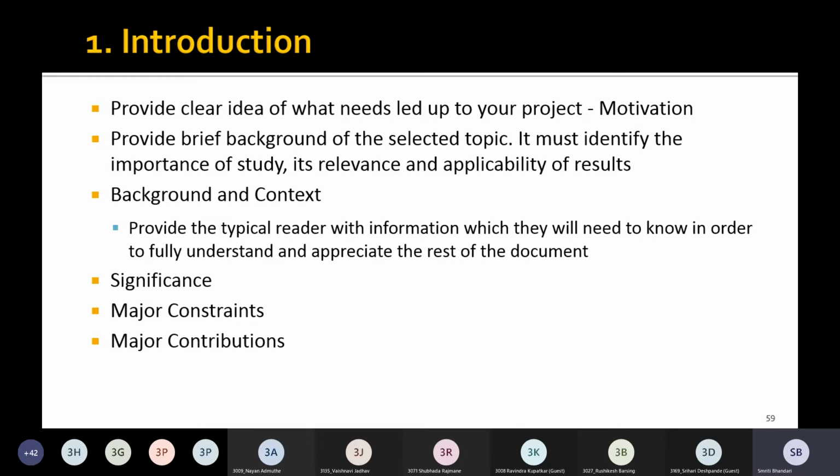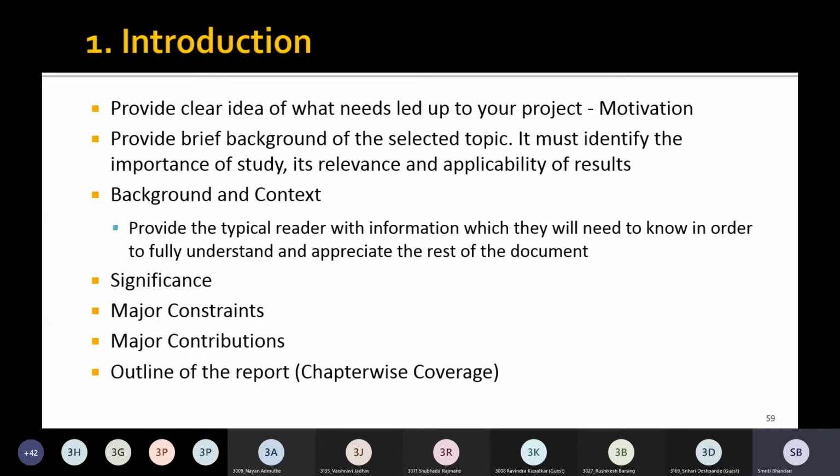What you have done, what is your major contribution, what is the novelty of your work, that also we need to specify. Finally, in this chapter, we need to include the outline of the report, how the report is organized. What has been mentioned in each chapter also needs to be clearly mentioned in this introduction chapter. So we have covered up to this point.